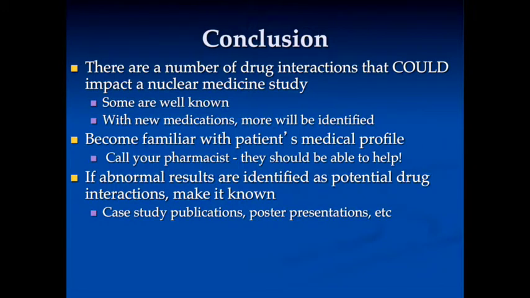Trying to do a clinical study looking at the effect of drug A on radiopharmaceutical B, it's too small of a population. We're never going to get a statistically significant study that's going to give us all the information that we want. And so a lot of this stuff is basically it's a word of mouth type of thing.